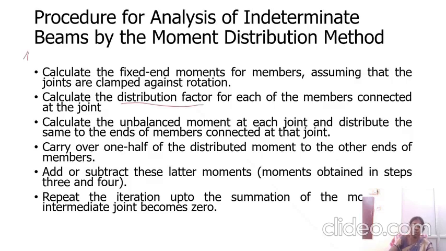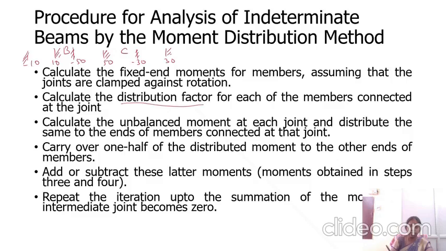Each span will have fixed end moment values, that is minus 10 plus 10, minus 50 plus 50, and minus 30 plus 30. If you consider joint B and joint C, you will have minus 40 of unbalanced moment at B and plus 20 of unbalanced moment at C. That is the unbalanced moment calculation. Each joint should be calculated for its unbalanced moment.